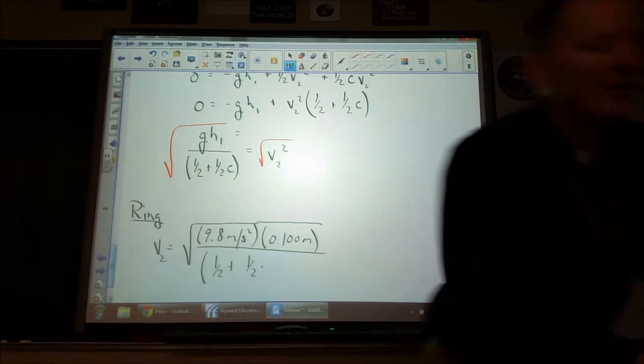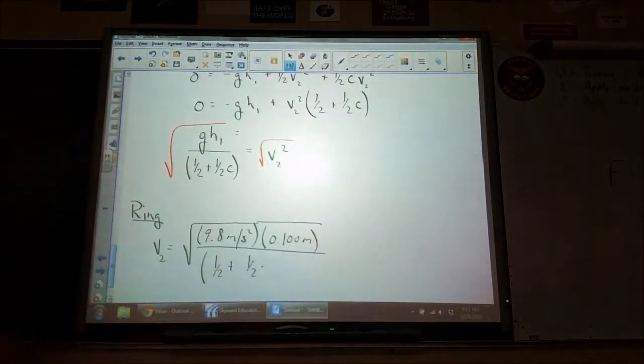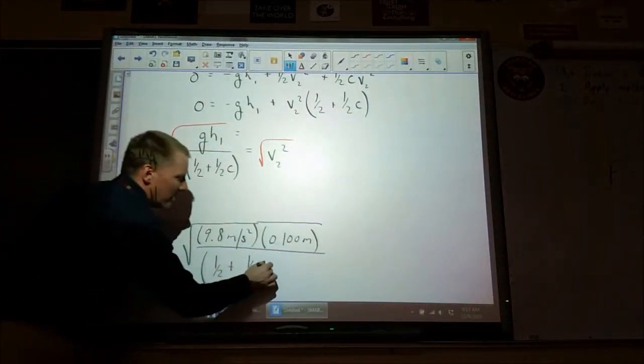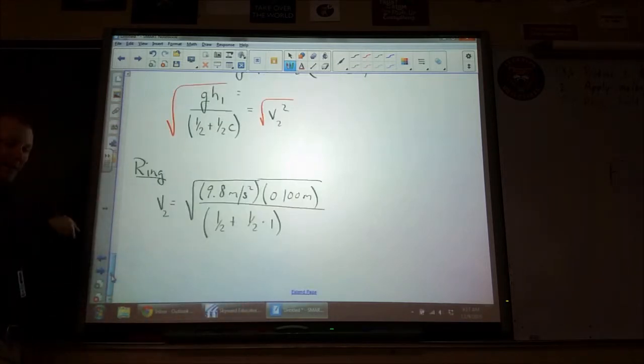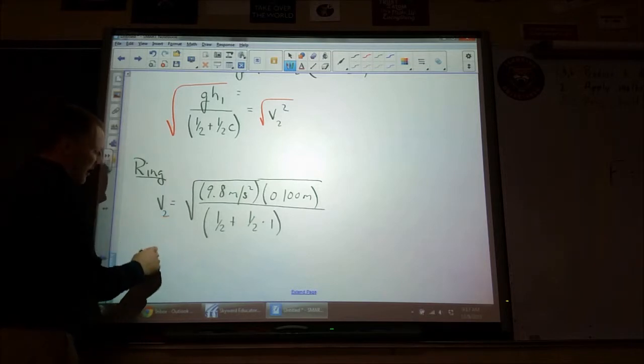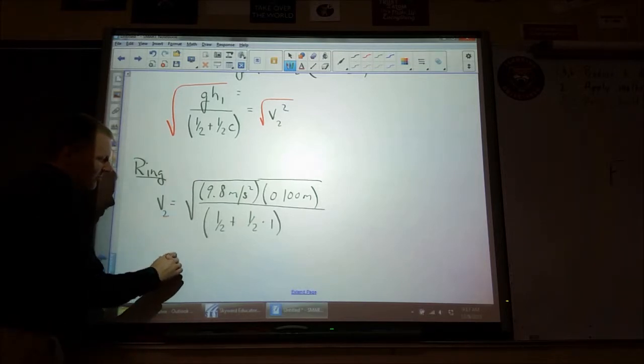If I went back up to that, the ring has no constant before it, so it's an implied 1. It's just I is equal to mr squared, so that constant is 1.